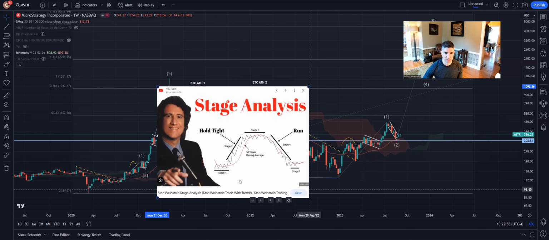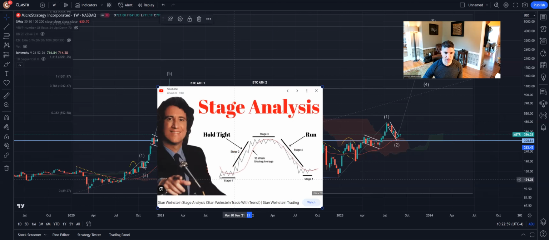Are you in the stage one accumulation range, a basing range, under the 30-week moving average, where it consolidates and finally you get a reclaim and a retest, and then you're in a stage two? Are you in a stage three, where after a massive price appreciation, the asset starts interacting with the 30-week, you get a failure, and then it starts stage four, clearly under that 30-week?